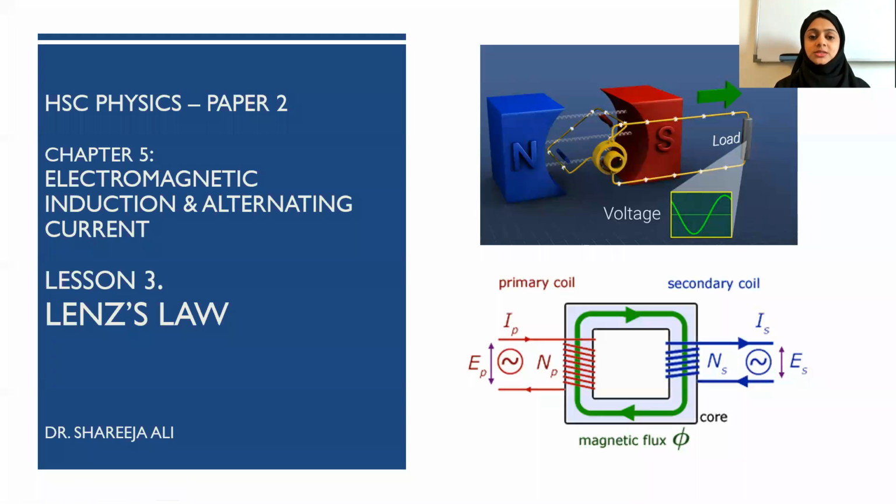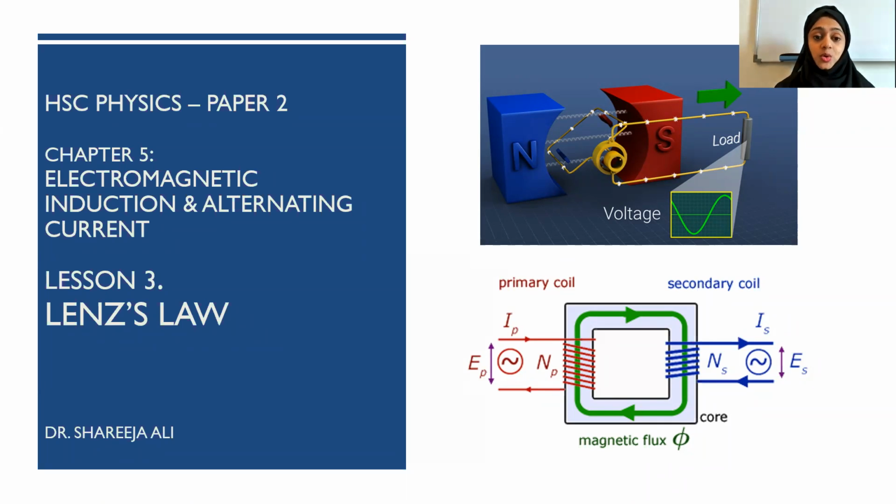Good morning, students. Today we are having our third lesson on the same chapter, electromagnetic induction and alternating current. In the previous chapter, we saw the laws of electromagnetic induction put forward by Michael Faraday. We saw two laws.